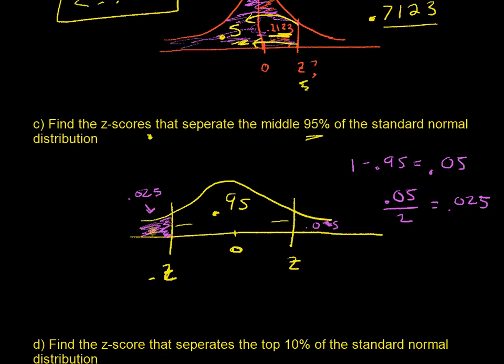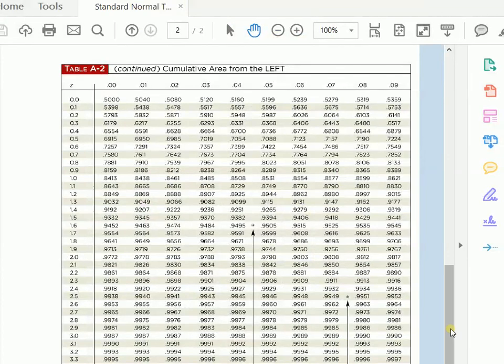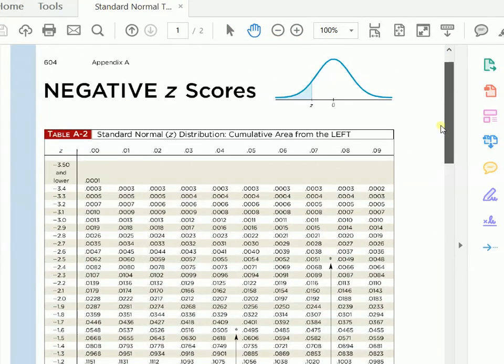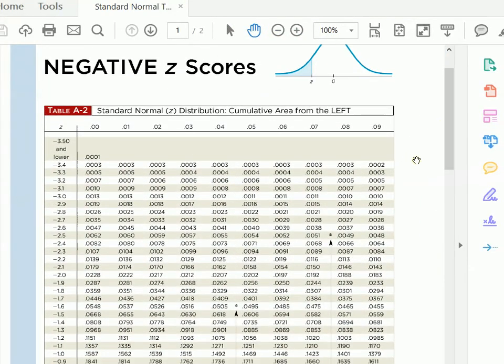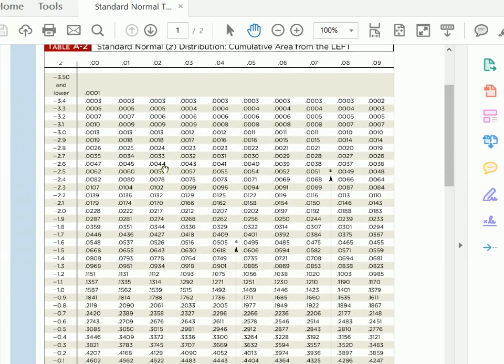Okay, so I need to look up in the table what z-value has the area behind it of 0.025. Let's go ahead and look at our table. We're going to be going to the negative side because I'm looking up the negative z-value. Looking inside the table for 0.025.